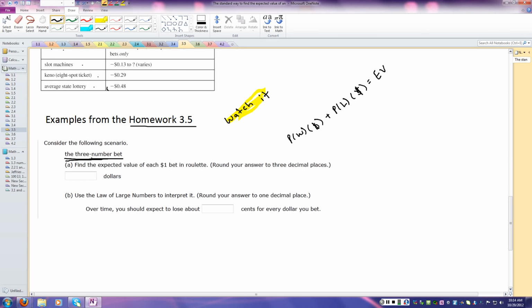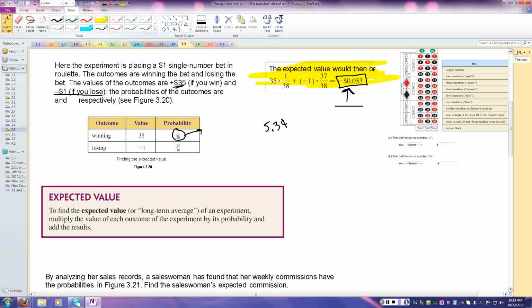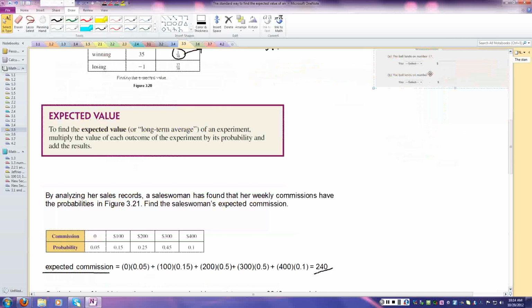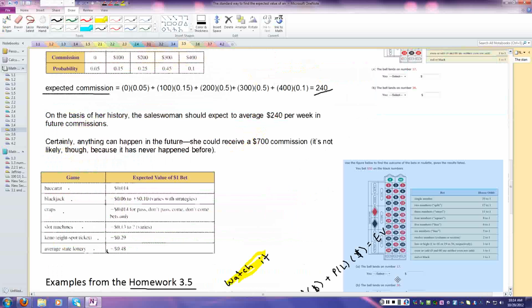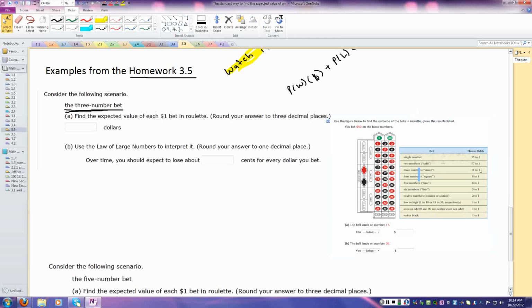So a 3-number bet, if I come back up to my roulette table, go ahead and grab this, bring it down here. So this is just from another problem, but if I look at the 3-number bet, I get $11 if I win, right?